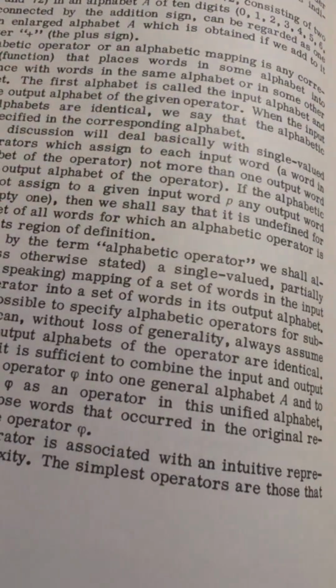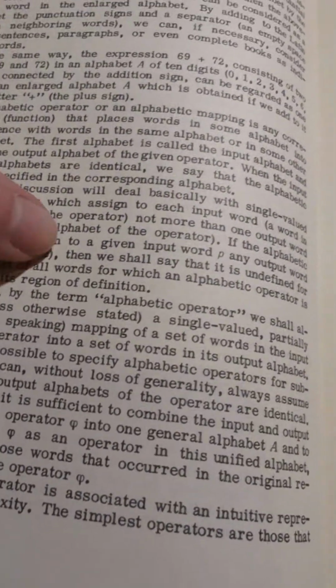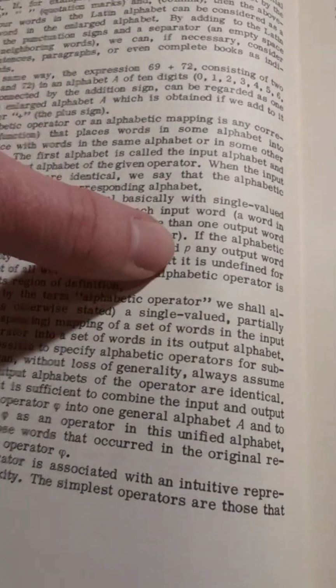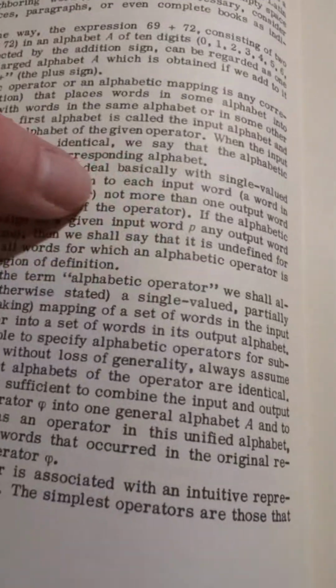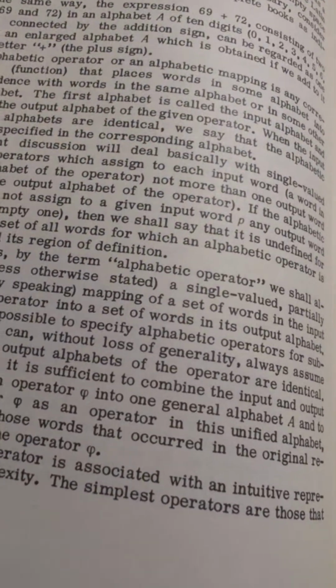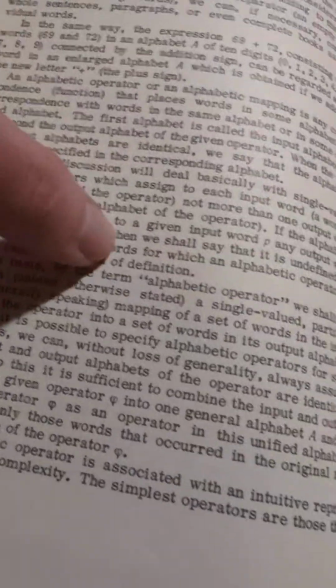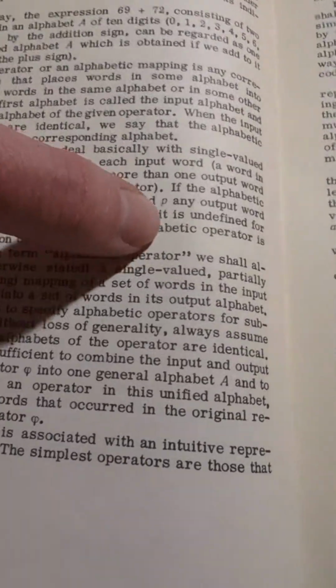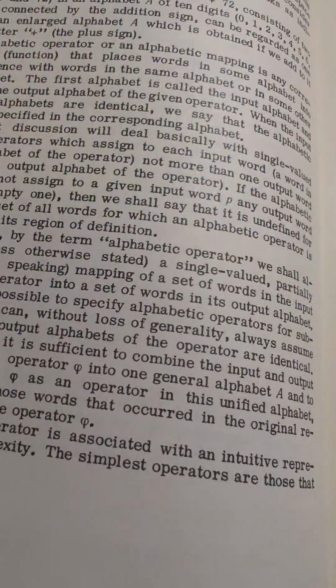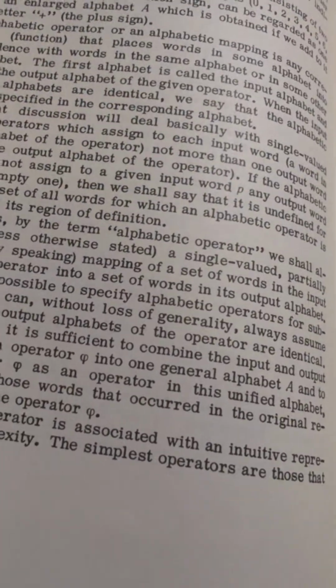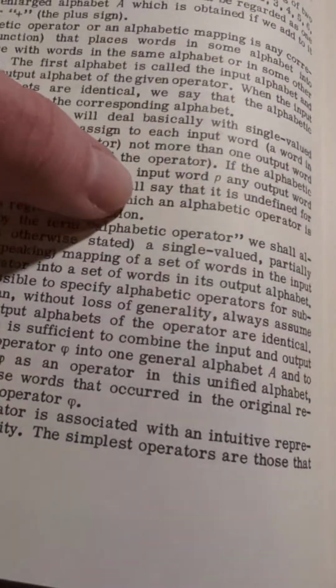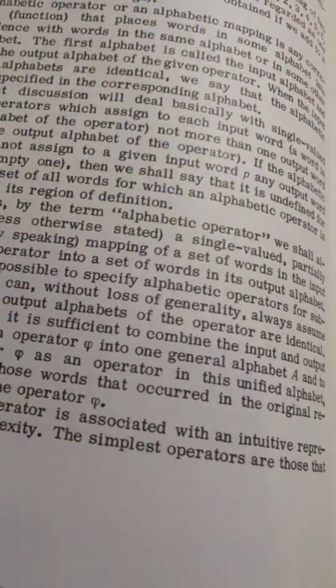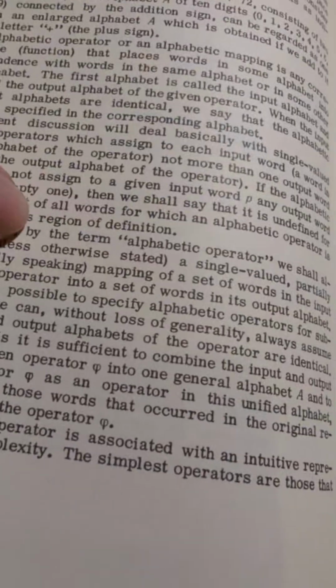If the alphabetic operator does not assign to a given input word P any output word, not even an empty one, then we shall say that it is undefined for this word. The set of all words for which an alphabetic operator is defined is called its region of definition.